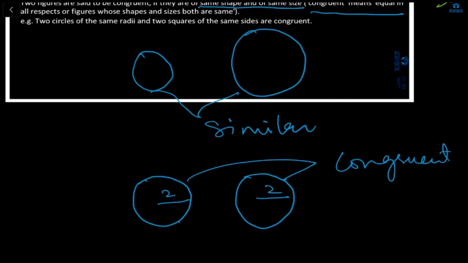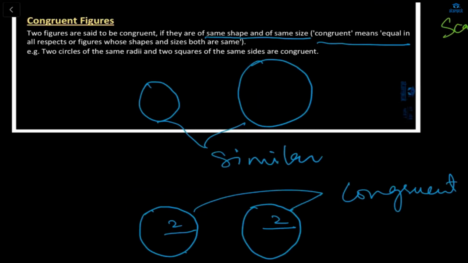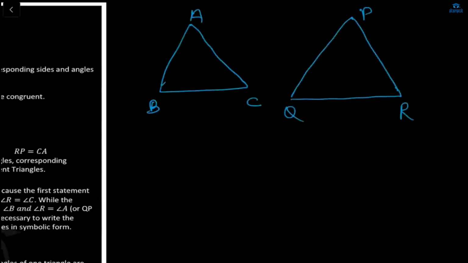Now let's see congruency in detail. Congruency of triangles. I said the shape and size both matter. When we are proving that two triangles are congruent, triangle ABC, and this is the symbol of congruency.